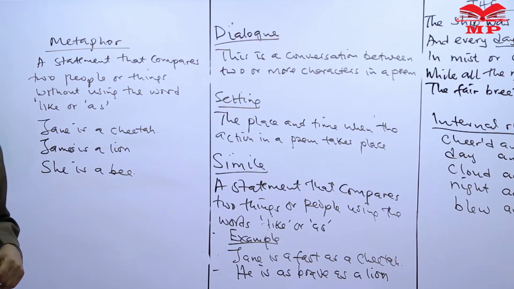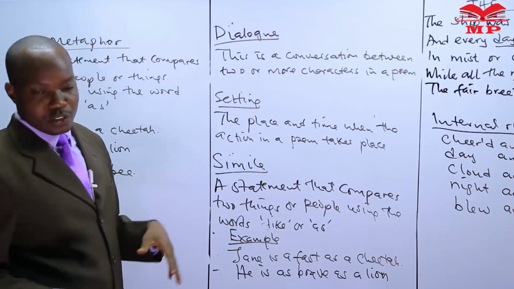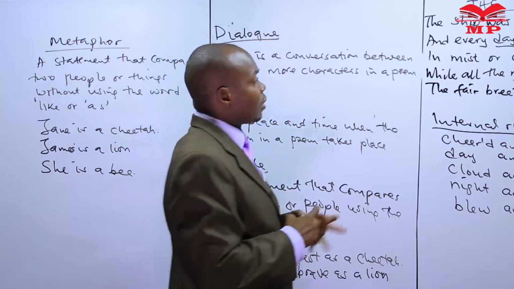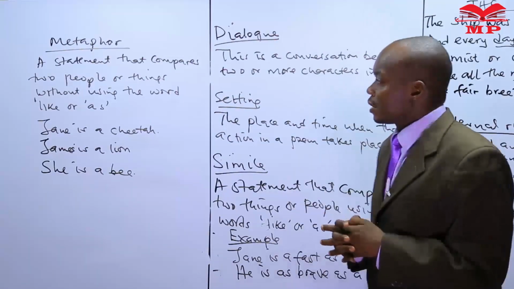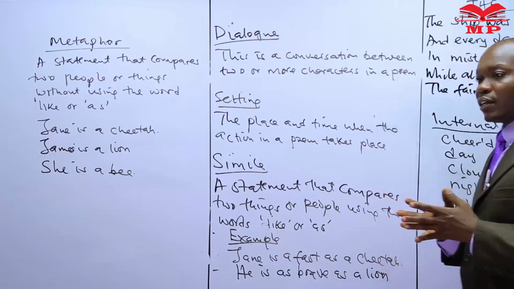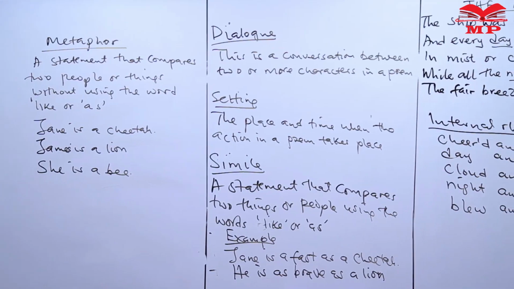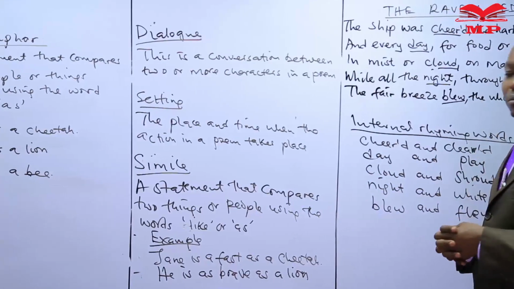Then, students, before we finish, I want us to have a brief recap of what you have learned today. Today we have talked majorly about poetry and some other styles, but we said when you're dealing with rhyme, we have two types of rhyme. We have end rhyme and internal rhyme.